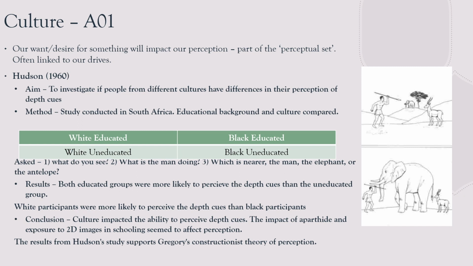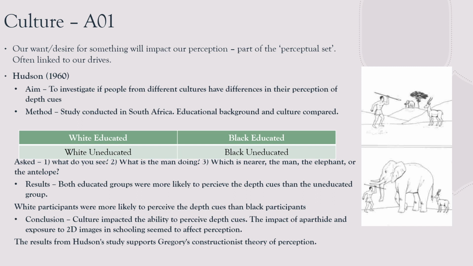So he was looking at whether the cultural background had an impact on these outcomes, and so showed these 4 different groups. So you were either white educated, white uneducated, black educated, or black uneducated, and he showed them 2D pictures of a perceptual set.